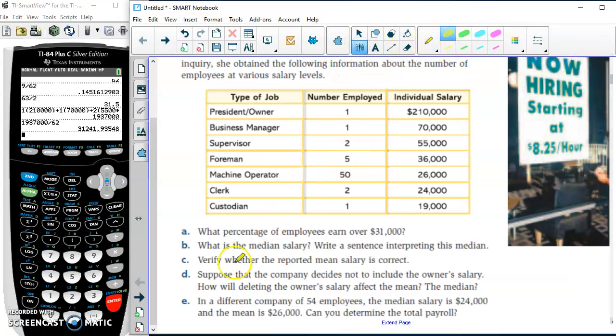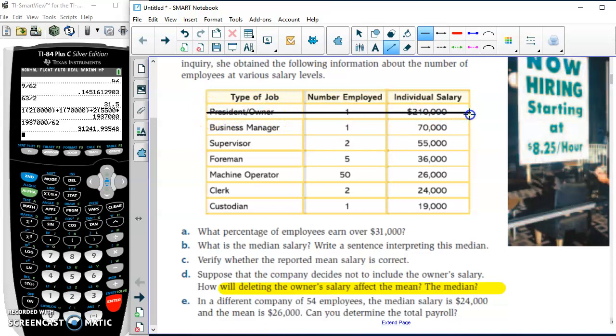So how will deleting the owner's salary affect the mean and the median? Let's say this goes away. She's gone. How will it affect the mean and the median? Well, first off, the median is going to be least affected because the median is not affected by outliers.